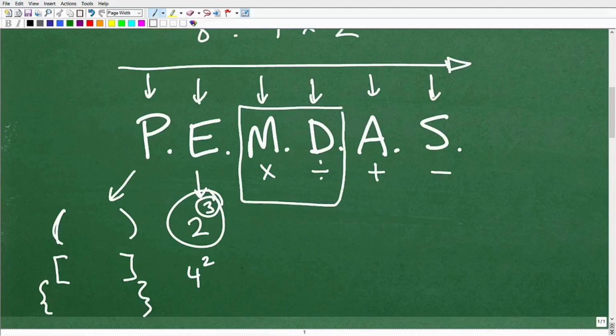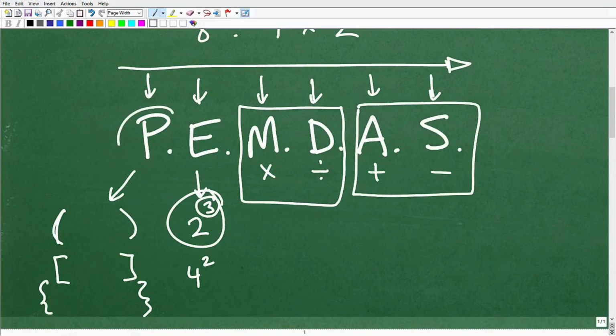We need to look at multiplication and division, and addition and subtraction, as little bundles. So we have P by itself, E by itself. Now, multiplication and division. What we're going to do is multiply and then divide, or divide then multiply, whatever we see first from left to right.